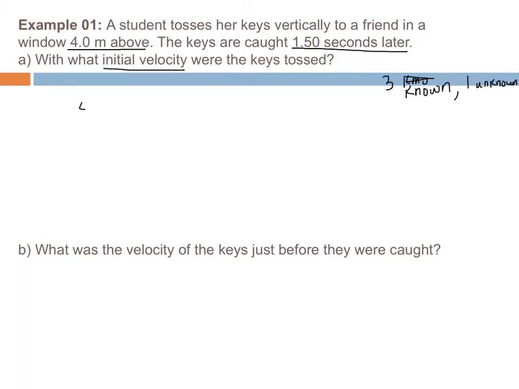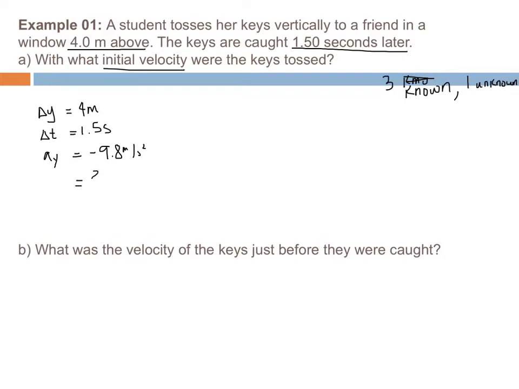So 4 meters above. This is our displacement in the y direction. 1.5 seconds later, this is our change in time. Again, we know gravity. This is our acceleration in the y direction.